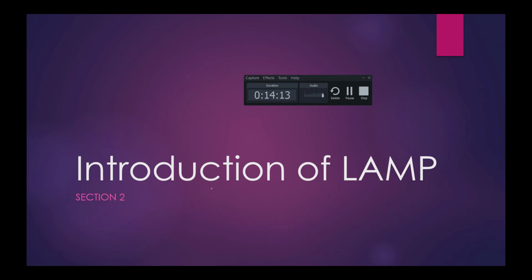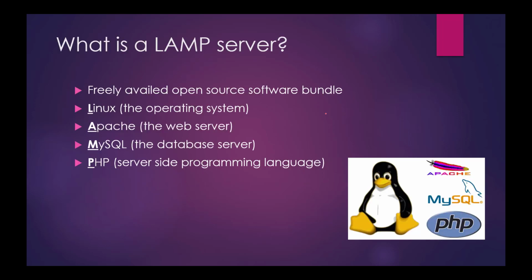I'm back. All right, section 2, we're going to talk about what is a LAMP stack. So what is a LAMP server? First off, when you hear people refer to a LAMP stack or a LAMP server, it's a 4-letter abbreviation where each of the 4 letters stands for a different part of a web stack.